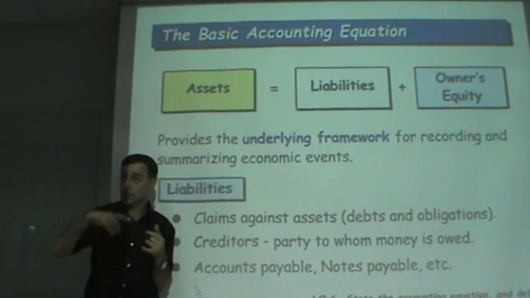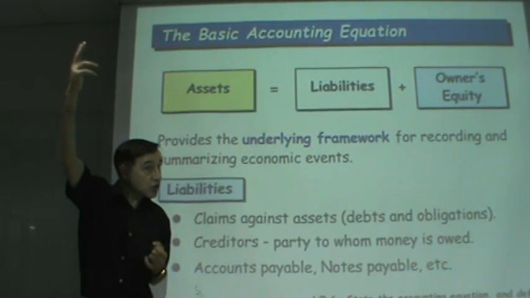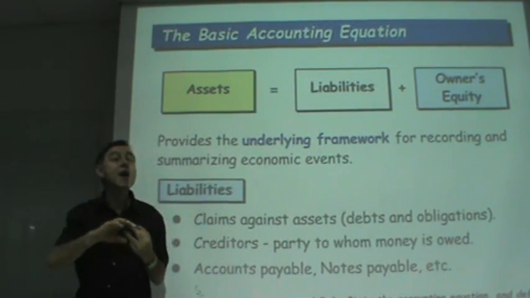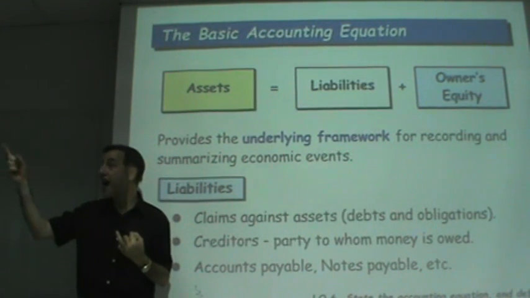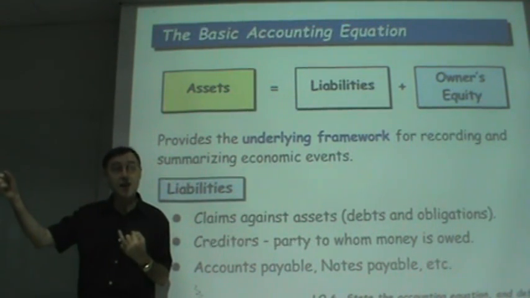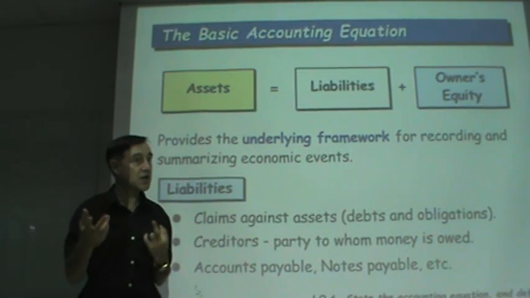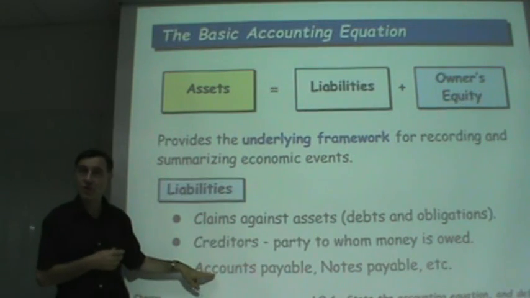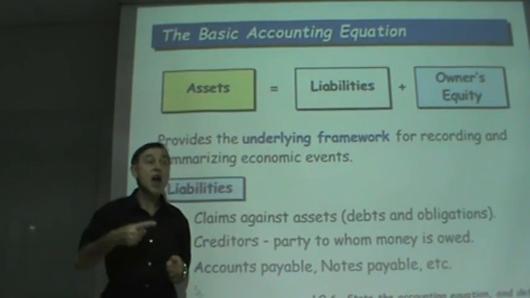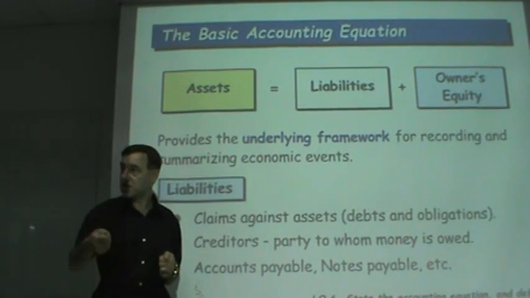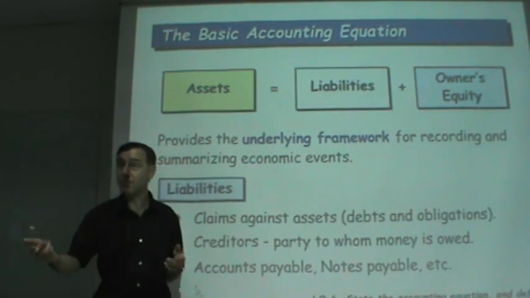It may owe to suppliers, it may owe to the electric company, it may owe later on taxes to the government, okay? It may owe salaries to the employees, and maybe it will owe dividends to the owners. We call these the investors, okay? We also call them capitalists.